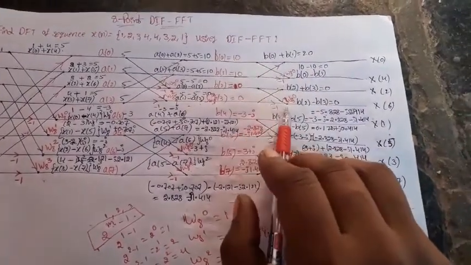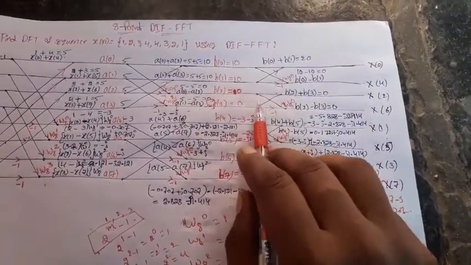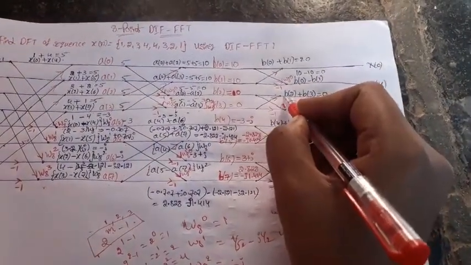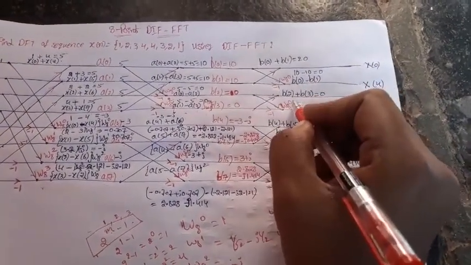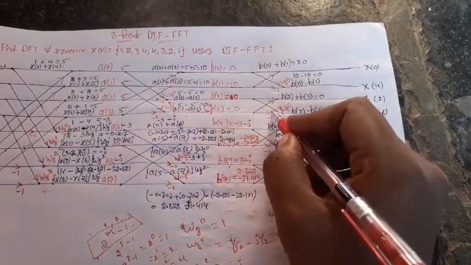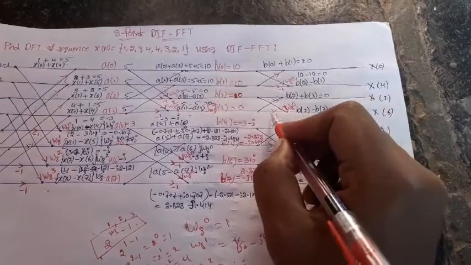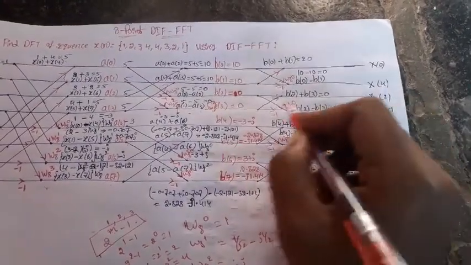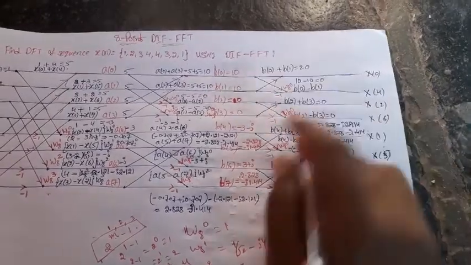Next b of 2, in this direction, b of 2 plus b of 3 value is 0. Why? Because here the input values are 0, and here b of 2 minus b of 3 is multiplied with minus 1, that's why I have taken minus here. Here the input values are 0, that's why the output is 0.